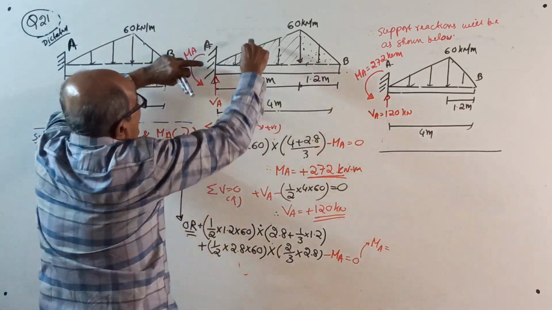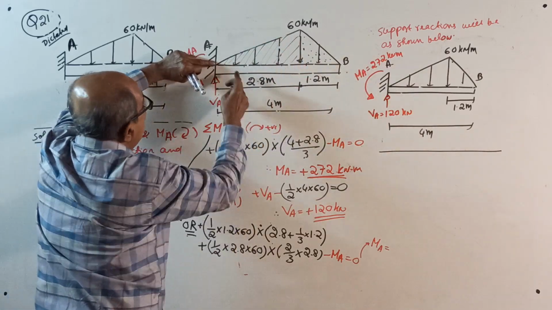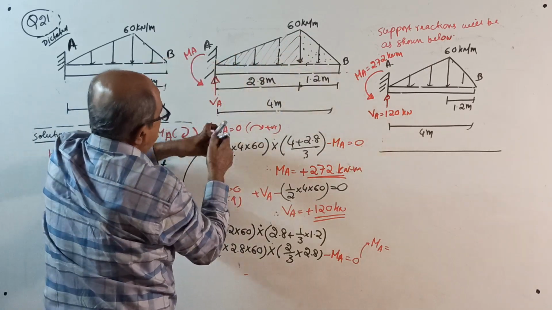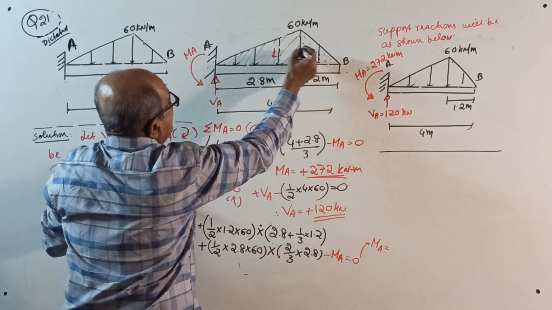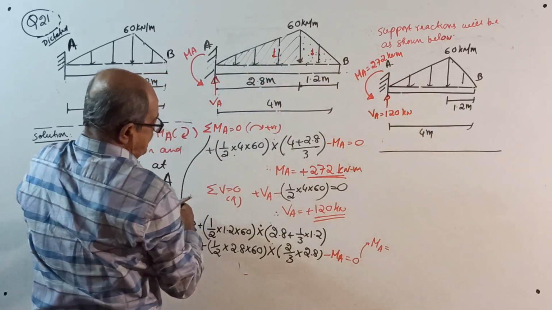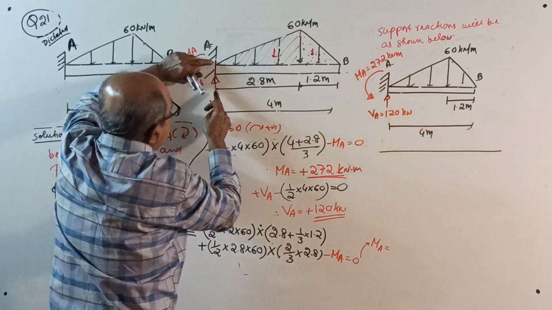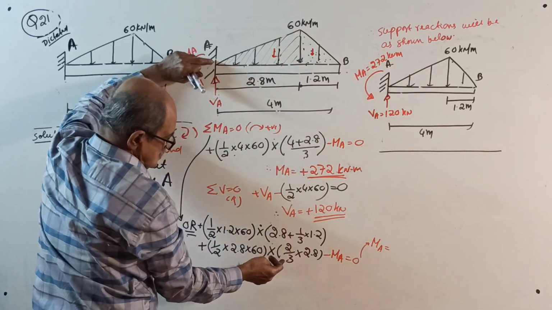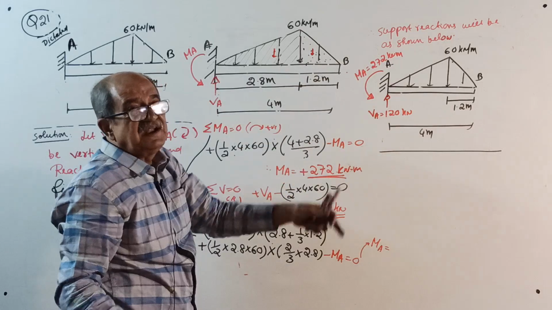Half into 2.8 into 60 into 2/3 of 2.8, from here to the centroid. Plus once again, half into 1.2 into 60 into 2.8 plus 1/3 of 1.2.